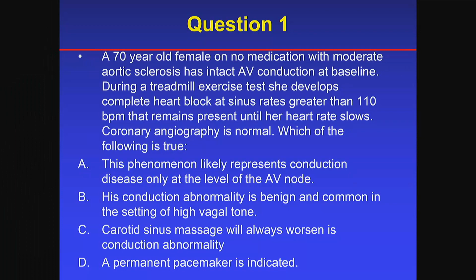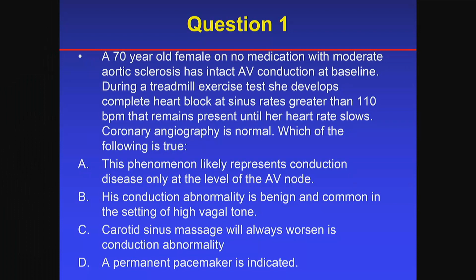Going through the results, going back to the question, this is a patient who has exercise-induced heart block in the absence of cardiac ischemia. This represents disease in the intrahisian or infrahisian conduction system, which is a high-risk situation for future complete heart block and asystole.